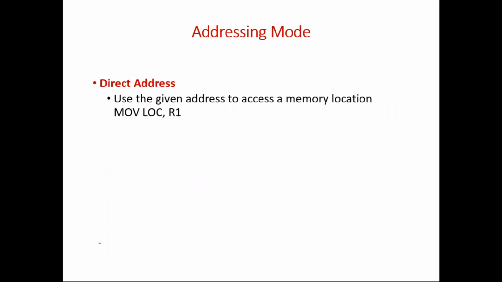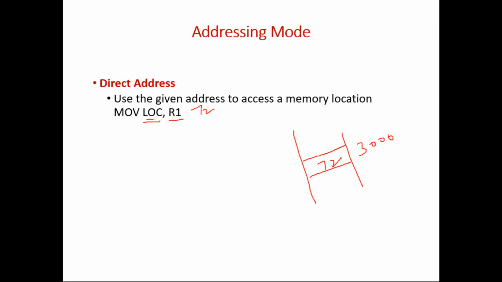Next is direct addressing mode. It's very simple. Here we directly give some address location. So, example, move LOC comma R1. The content of R1 will be moved to the memory location specified by LOC. If LOC represents the address, say 3000, and if R1 contains the value say 72, then that value 72 will be moved to this location.